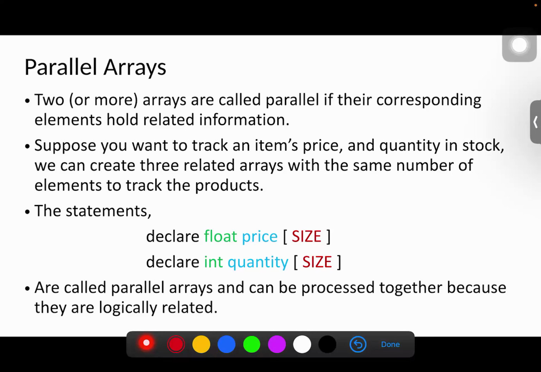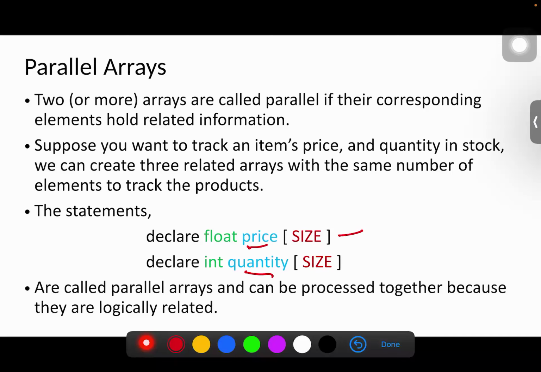We will create two arrays, one to store the name and another one to store the price. Now, here in this example, you are seeing two arrays, price and quantity.